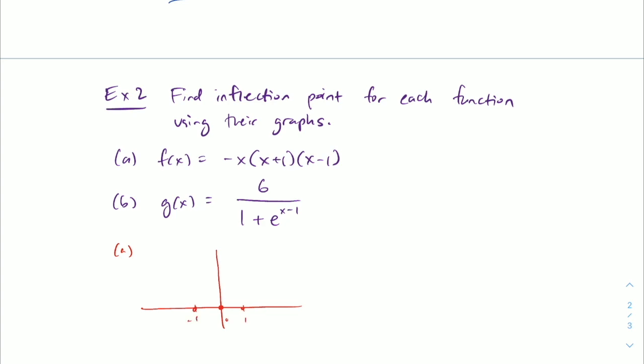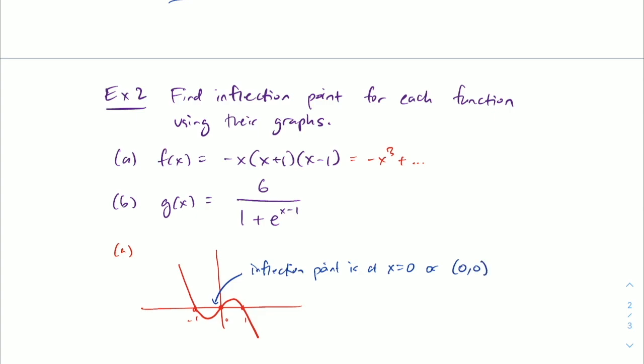And it's going to be a negative x cubed plus some lower order terms, so it's going to look something like that. And the place where it changes from concave up to concave down is right here. So the inflection point is at x equals 0, or you could say it's the point 0, 0.